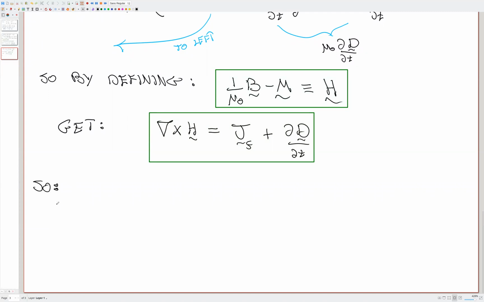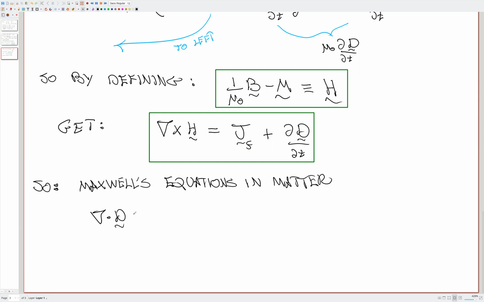So Maxwell's equations in matter, we've got them. Okay, so what are they? Well, I've got the div of D is equal to the free charge density.